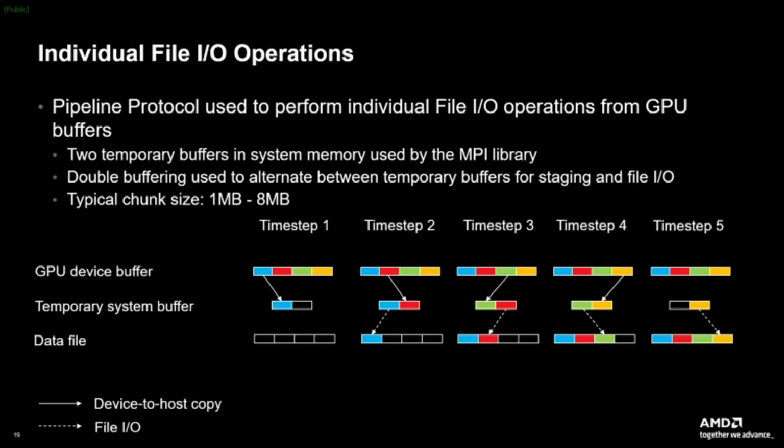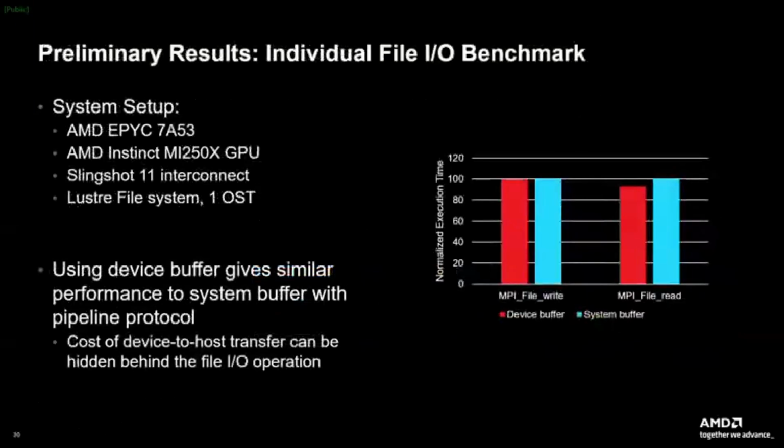Using a pipeline and double buffering protocol, you can overlap the transfer between GPU buffers and system buffers with the actual I/O operation. It's relatively straightforward, and depending on the system, you can get pretty decent performance out of it.